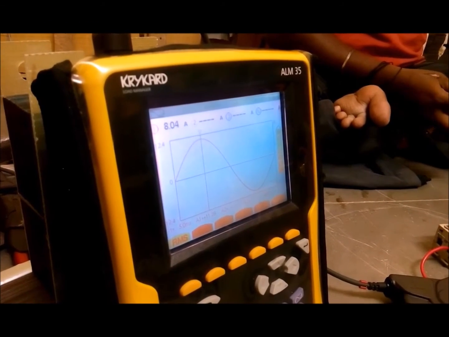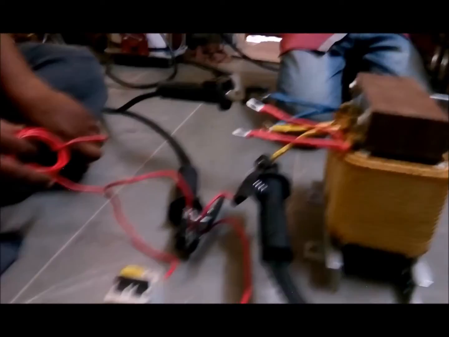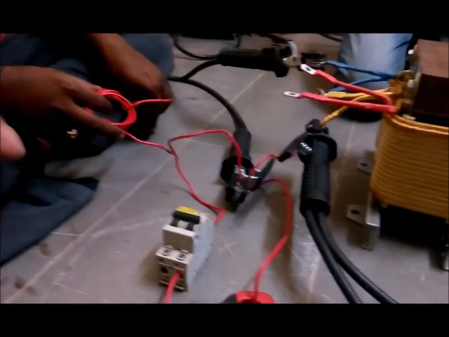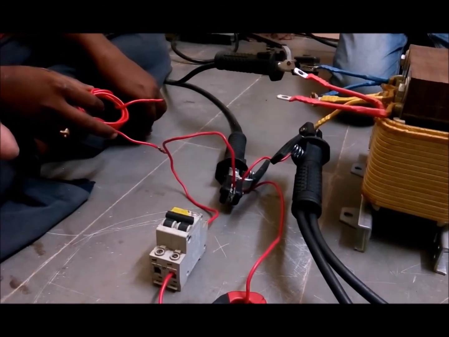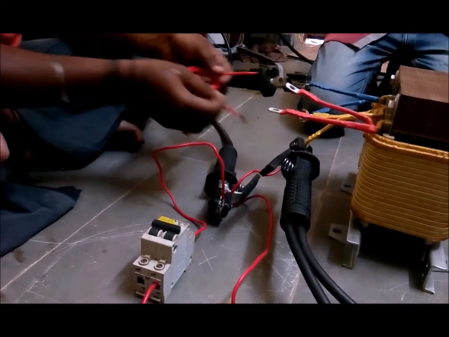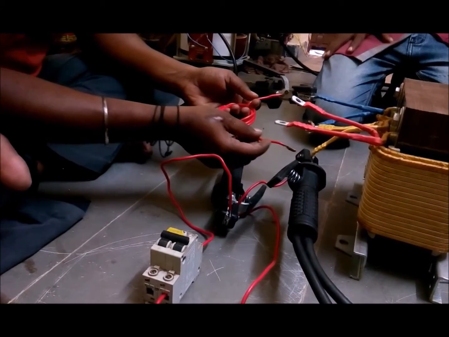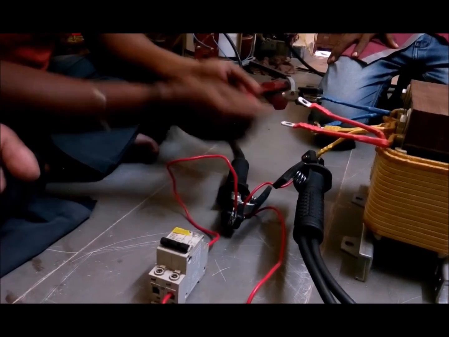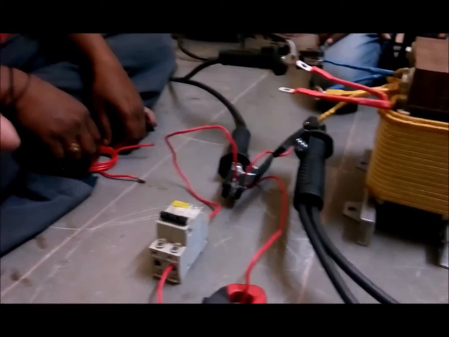Okay, so 8.0204. We have stabilized it, and now we'll be shorting it. Now see the shorting, and the MCB trips. So the MCB got tripped.